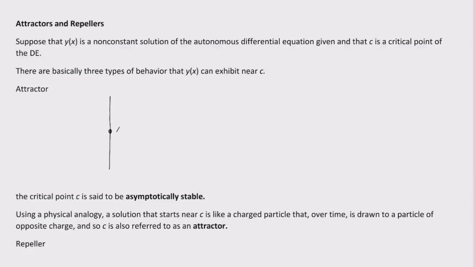There's my solution. I could see something where it's going towards the constant, and we refer to that behavior as an attractor. We also describe that as asymptotically stable, meaning if you pick any point near that region, it's going to approach that constant.